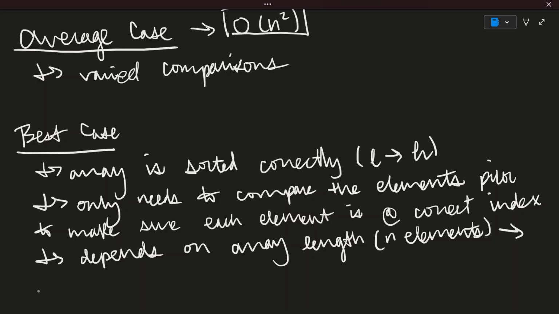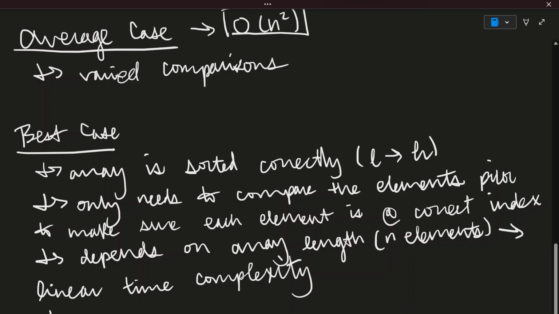So that is a linear time complexity. And a linear time complexity is big O of n.